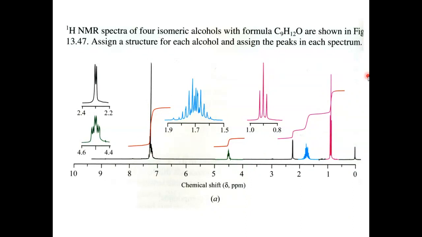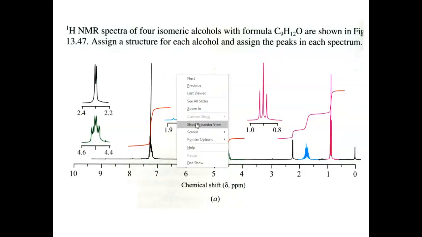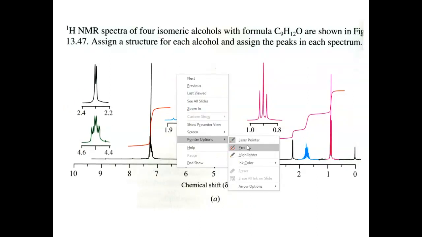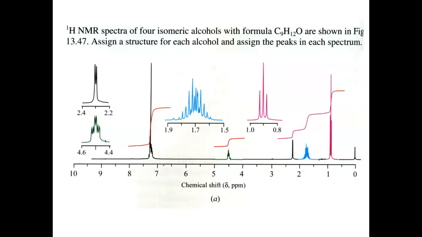I already showed you how to do that, so I'm not going to go through the process because we only have a limited amount of time here. I'll just give you the result in terms of the area of each peak. This is a 5, this is a 3, this is a 2, this is a 1, and this is a 1.